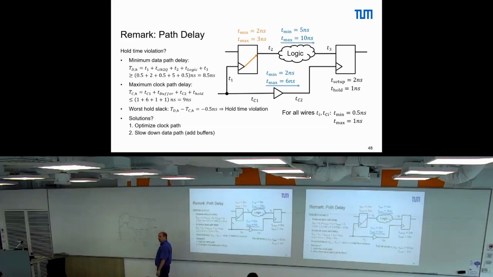Where it can happen, for instance, is in a shift register. Is it obvious what a shift register means? It's just a series of flip-flops, right? So shift register means you have a structure like this.